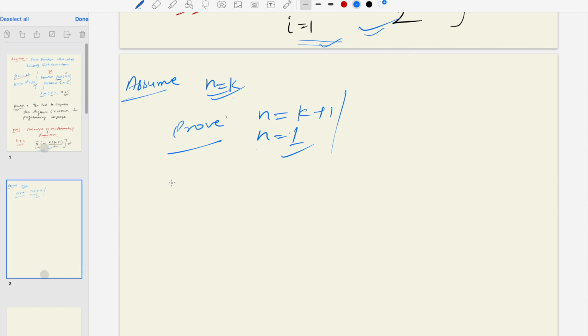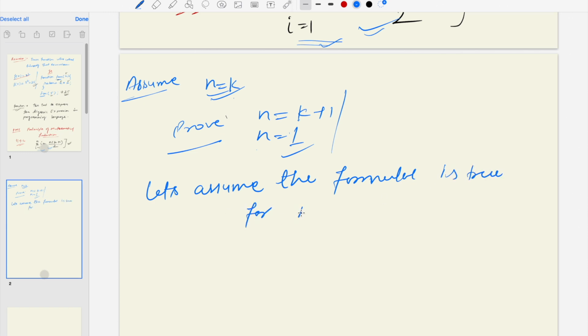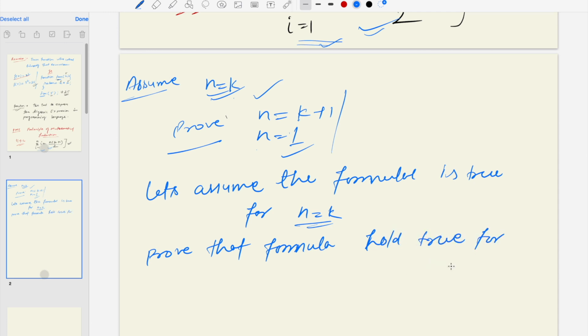So what we wrote here is: let's assume the formula is true for n equals k, which I told you earlier, and prove that the formula holds true for n equals k plus 1.